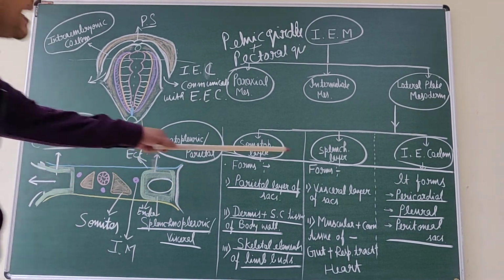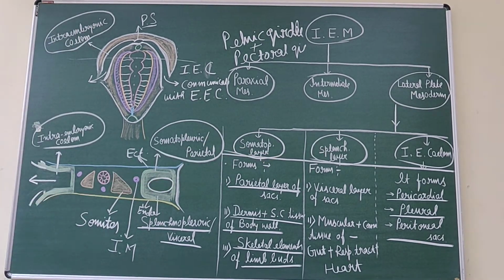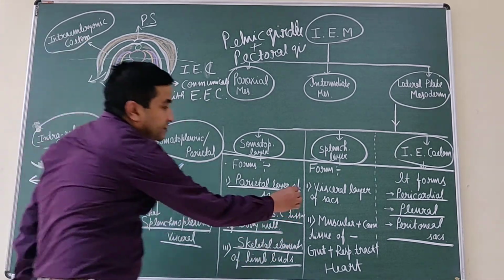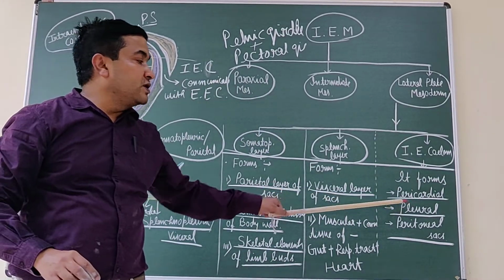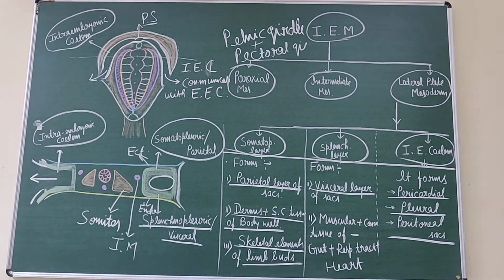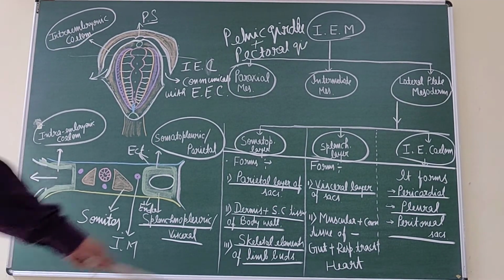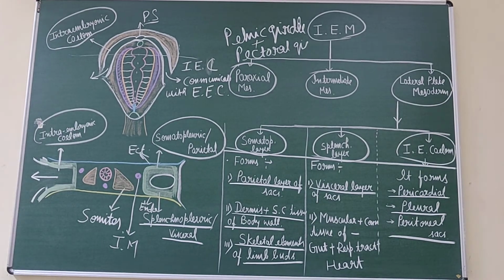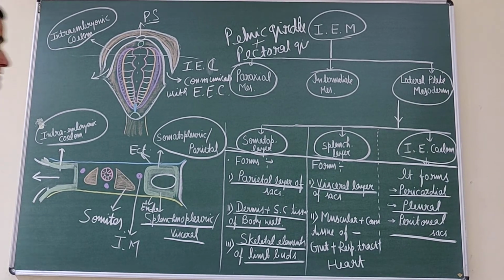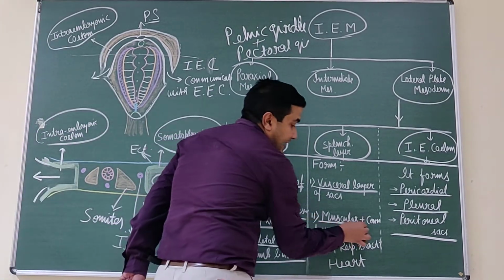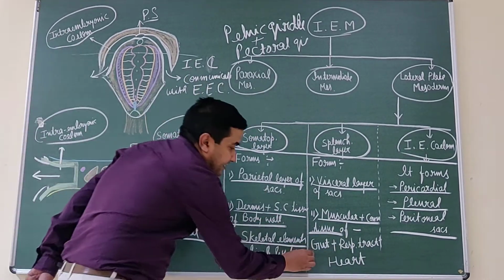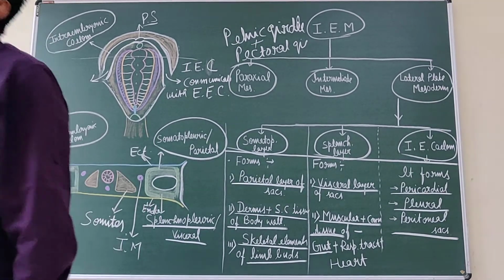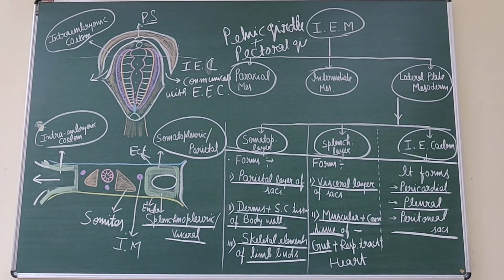Now this is the splanchnopleuric layer. In the future it forms the visceral layer of the pericardial, pleural and peritoneal cavities. The visceral layer is derived from this splanchnopleuric layer, and it also forms the muscles and connective tissue of the gut, the gastrointestinal tract.